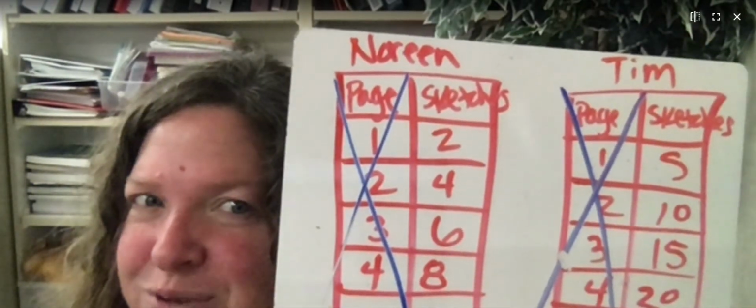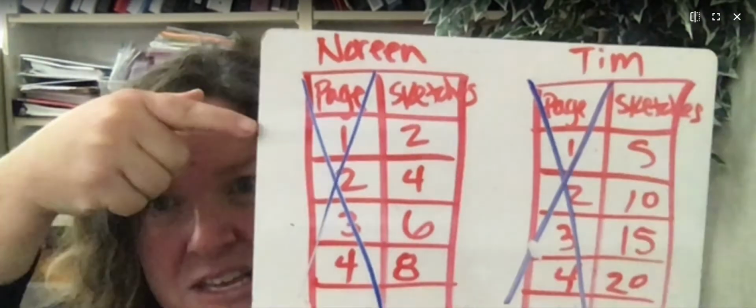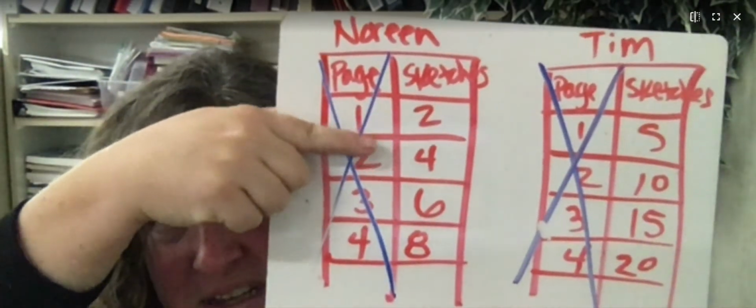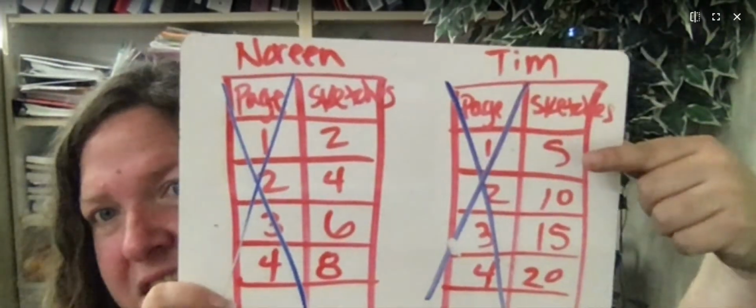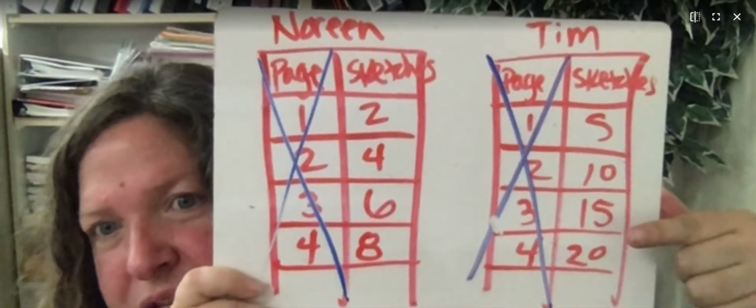Remember, how do you know a thing was a ratio table? Each side has to keep counting by the same thing. Noreen is +2, +2, +2, +2, +2 because she adds 2 new drawings every time. Tim is +5, +5, +5, +5, +5 because he adds 5 new drawings each time. Why does he draw so much more? I don't know. Maybe hers are more detailed and his are more sketches.